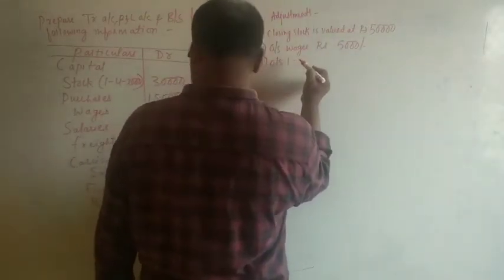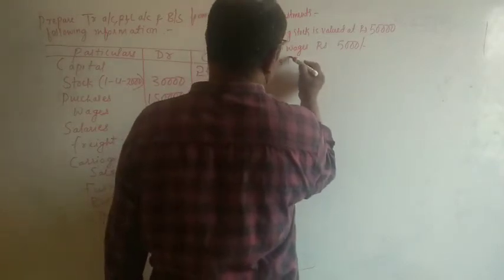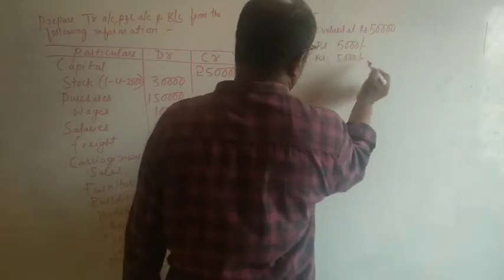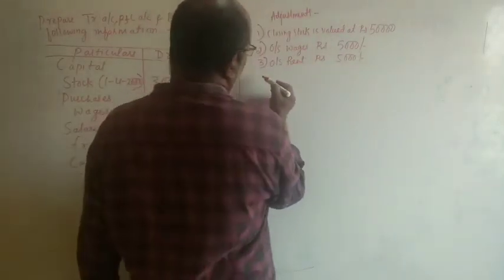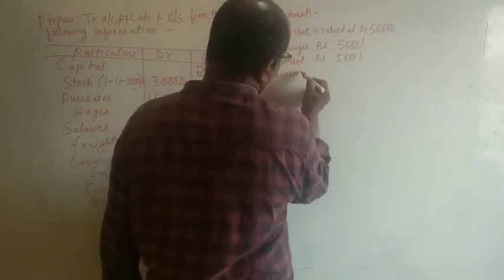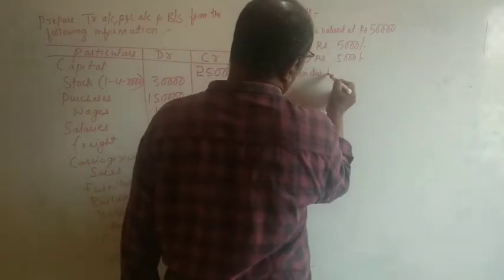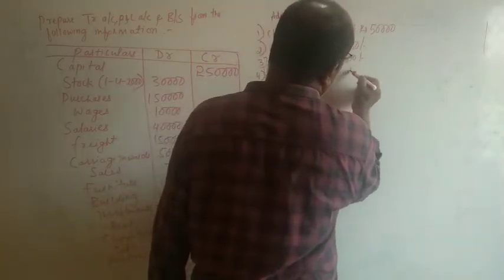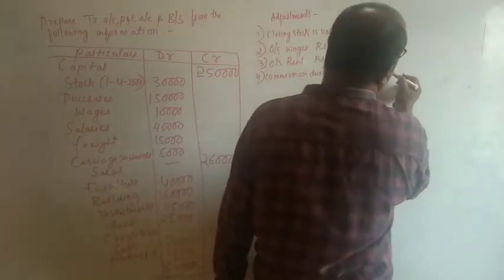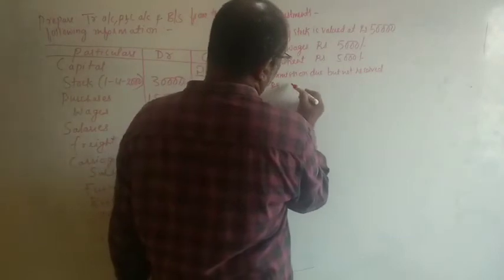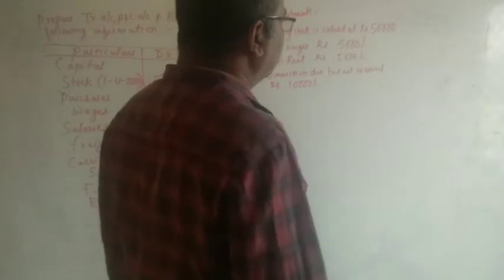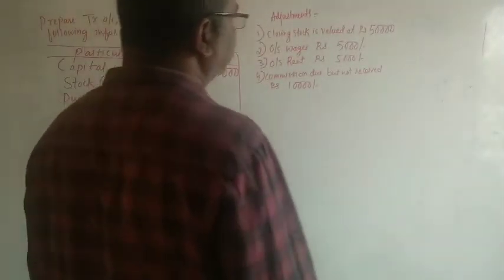Outstanding rent rupees 5,000. Commission due but not received rupees 10,000. So this is the other information which is provided.